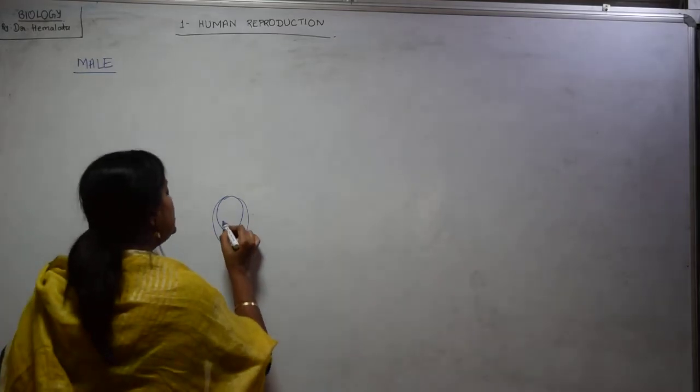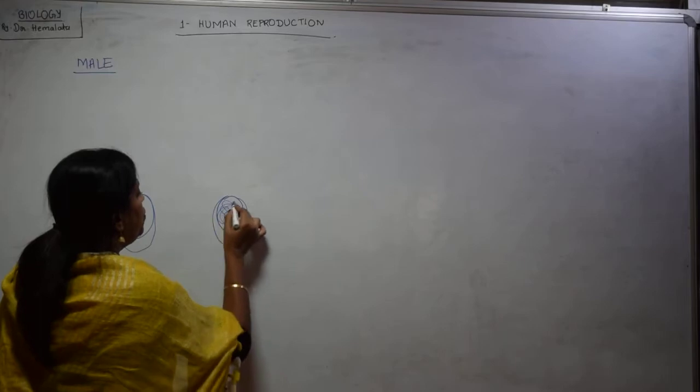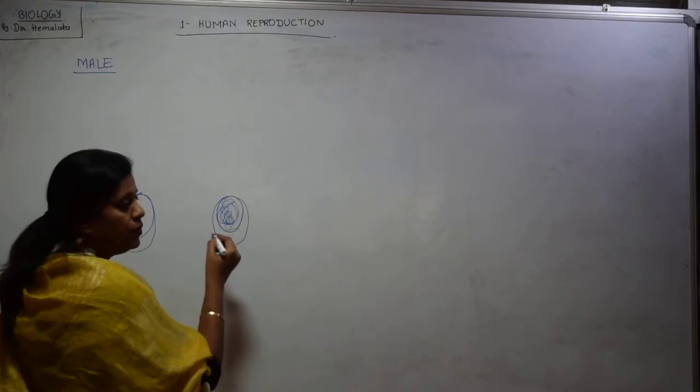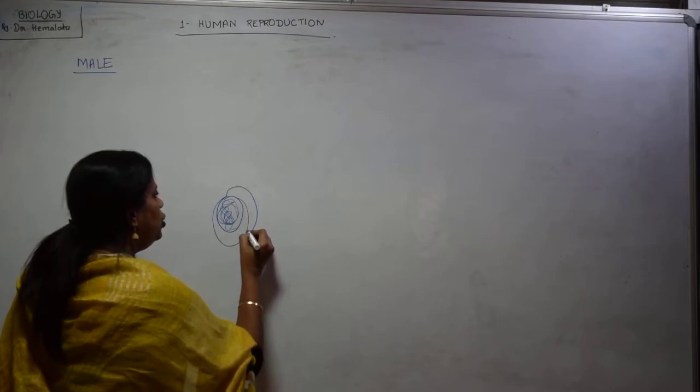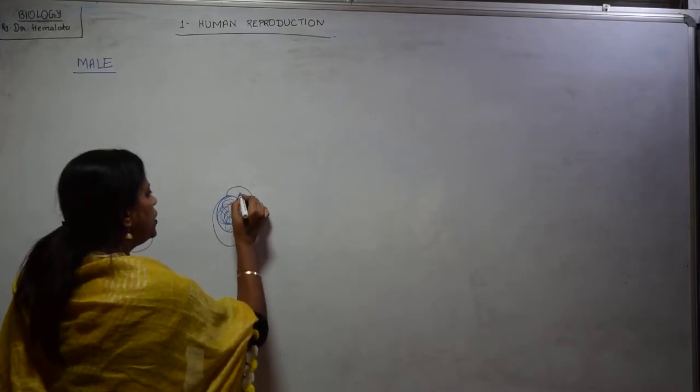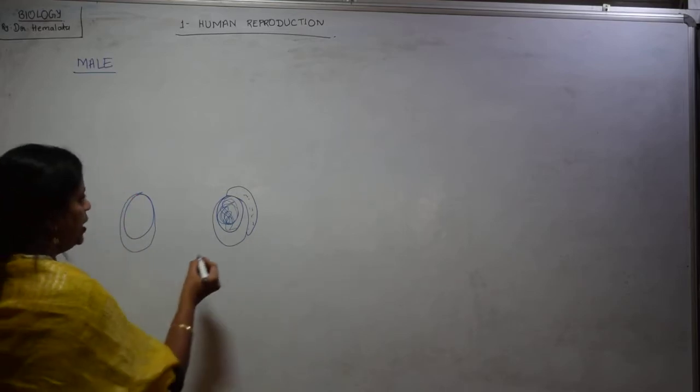Within this you get the seminiferous tubules, and these seminiferous tubules are involved in the production of sperms. They release their sperms into one more glandular structure, which we call the epididymis.